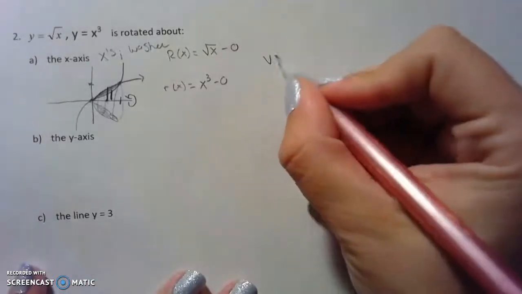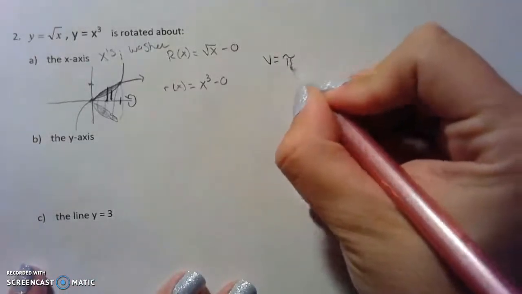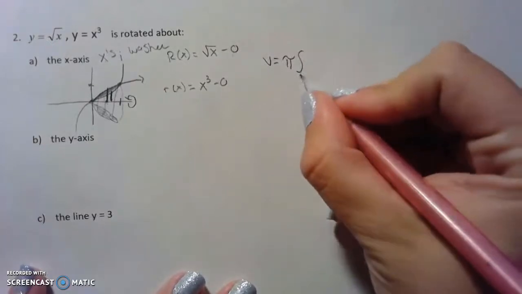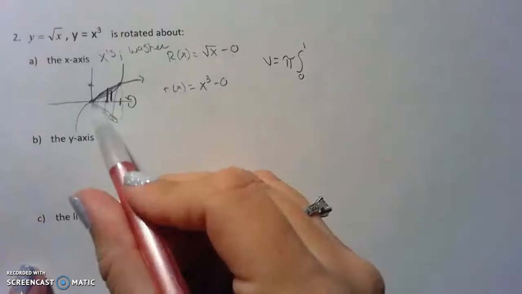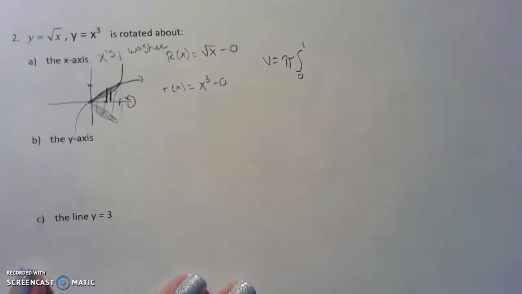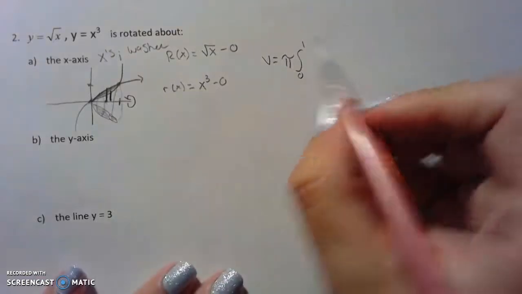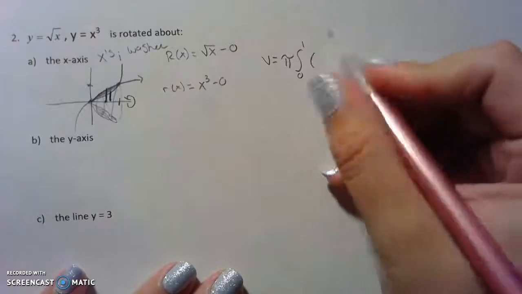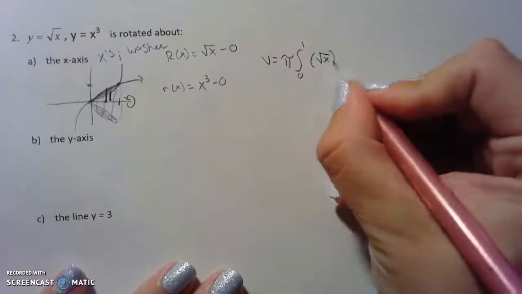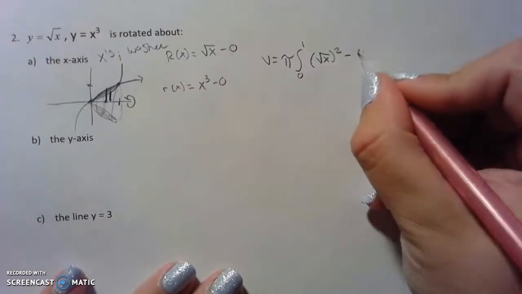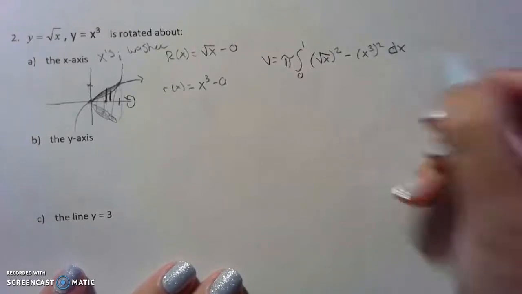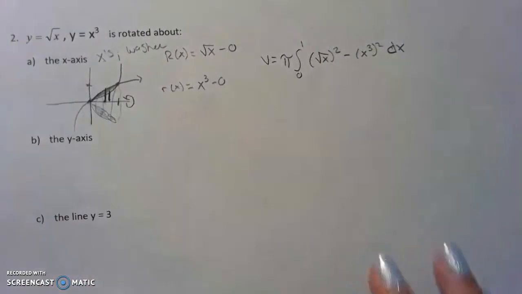Now we can plug in our volume formula. So volume is equal to pi times the integral from 0 to 1, because that's the smallest x to the biggest x that we have. Then we have, remember this is the washer method, so we're doing the outer radius squared minus the inner radius squared with respect to x.